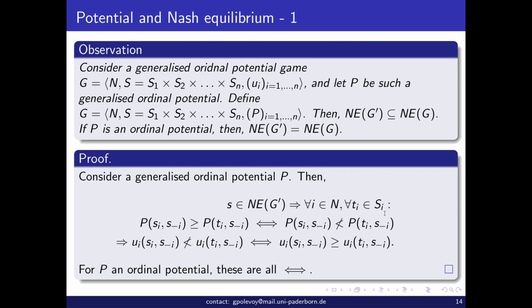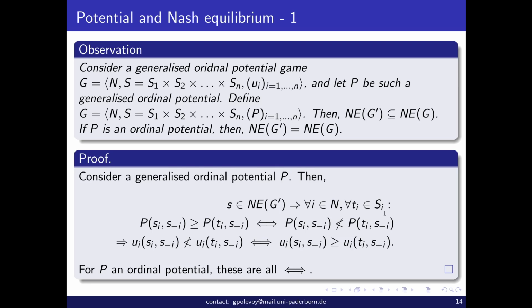Now that, by the definition of generalized ordinal potential, means that the utility of this profile (s_i, s_-i) is not strictly smaller than the utility of profile (t_i, s_-i), because if it had been strictly smaller, then the potentials would have been strictly smaller. That's the contrapositive of the definition of generalized ordinal potential.